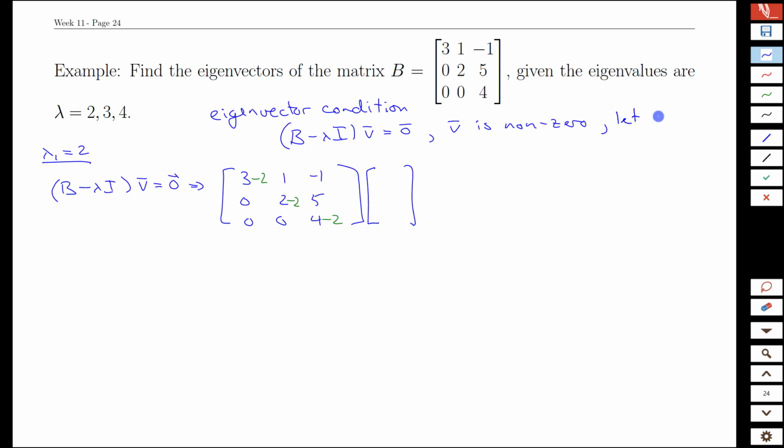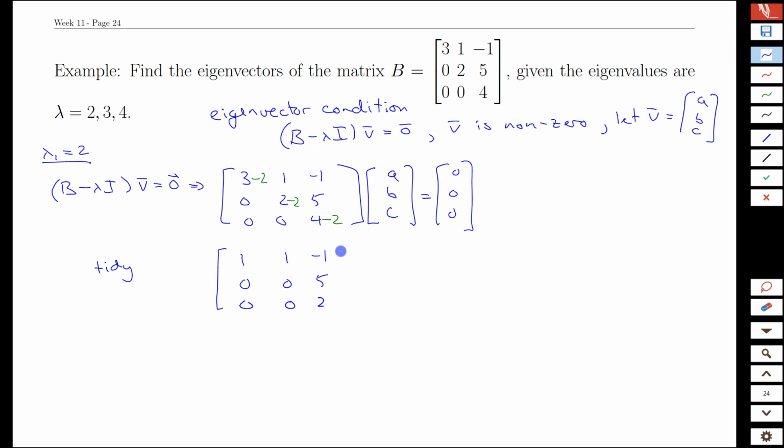Let's define that vector v as a, b, and c. Just 3 values we don't know, 3 unknowns, 3 scalars. And that has to equal the 0, 0, 0 vector when we're done. We'll do a quick tidy here. 3 minus 2 is 1, 1, minus 1, 0, 0, 5, 0, 0, and 2 times our a, b, c equals the 0 vector.